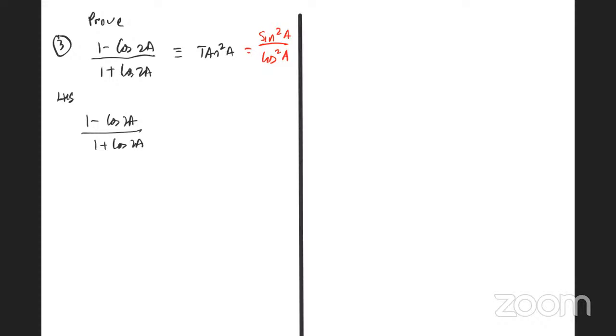We have 1 so far. Just make sure you choose the right identity on top, right?